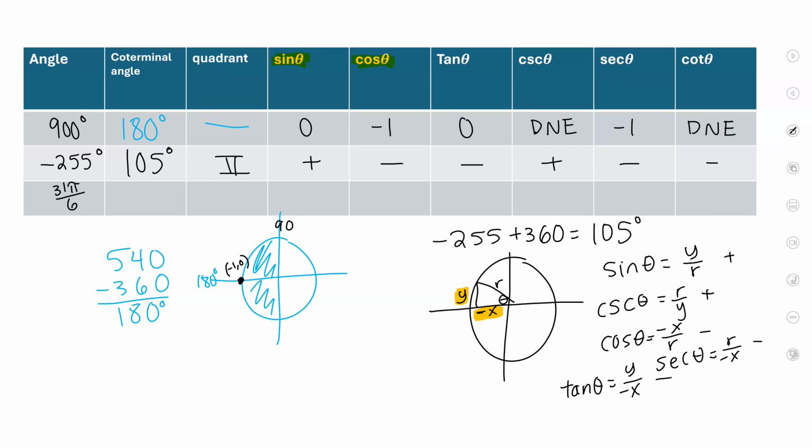Okay, finally, we have one that is not in degrees. We know it's not in degrees because it doesn't have a degree symbol right there. So if you do not have a degree symbol, that means this is in radians. So guys, since this is in radians, you should be subtracting 2 pi.